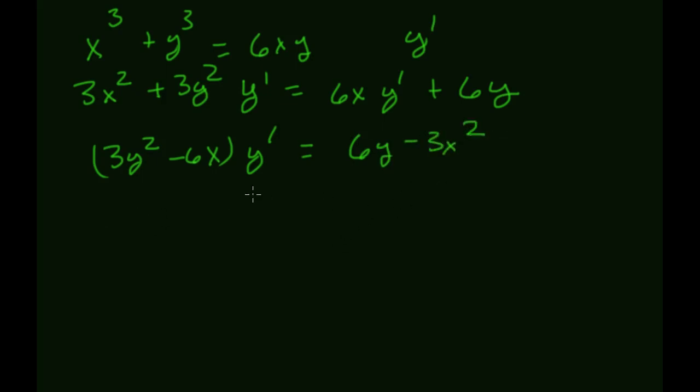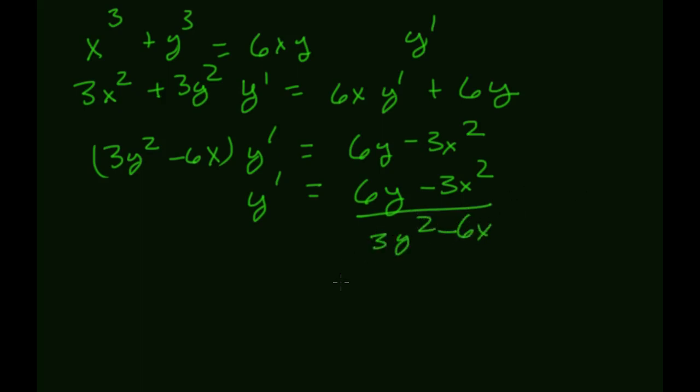We divide, we get y prime equals 6y minus 3x squared over 3y squared minus 6x, which, dividing it all by 3, gives us 2y minus x squared over y squared minus 2x. So that's pretty straightforward.